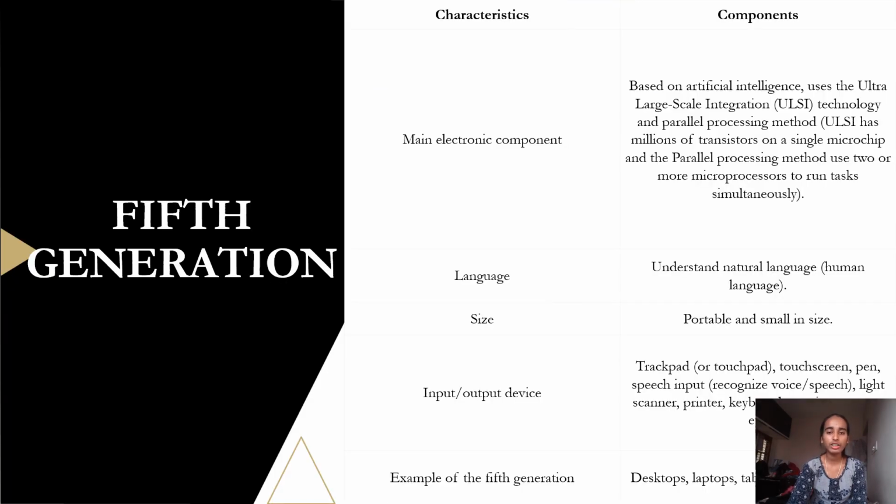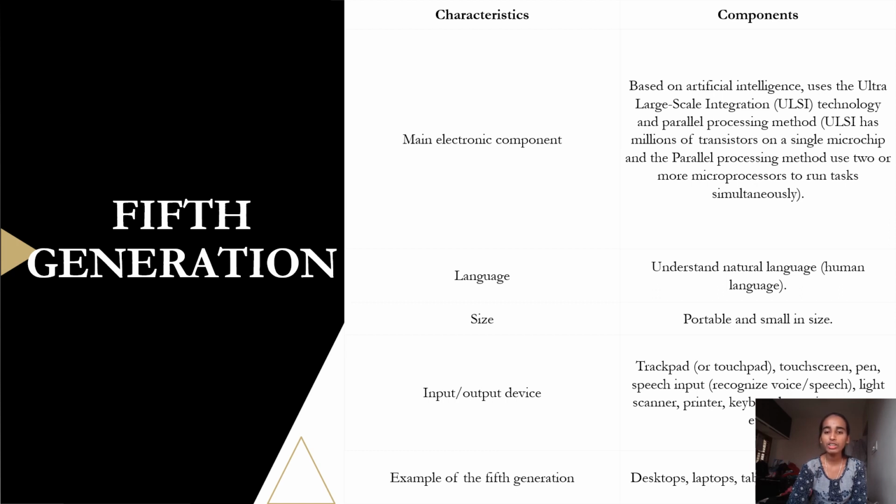And now the fifth generation's characteristics and components. The main electronic component used is based on artificial intelligence, using ultra large scale integration technology and the parallel processing method. ULSI has millions of transistors on a single microchip, and the parallel processing method uses two or more microprocessors to run tasks simultaneously.